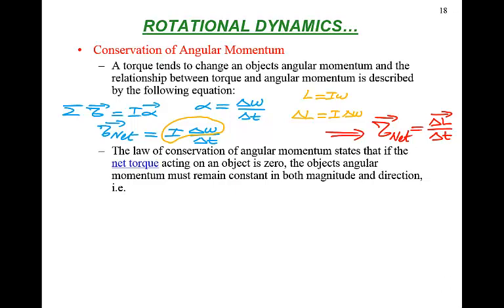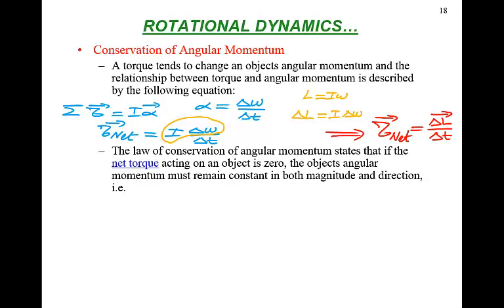I have been able to express the net torque in terms of the change in angular momentum for a very important reason, which is the condition that the law of conservation of angular momentum requires. What does it mean, conservation of angular momentum?